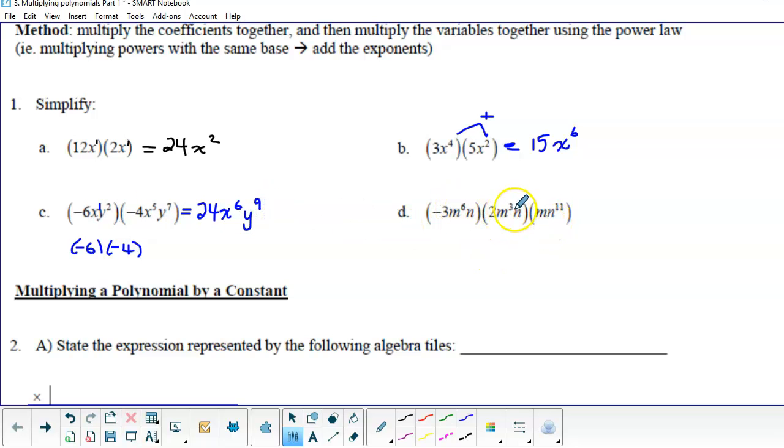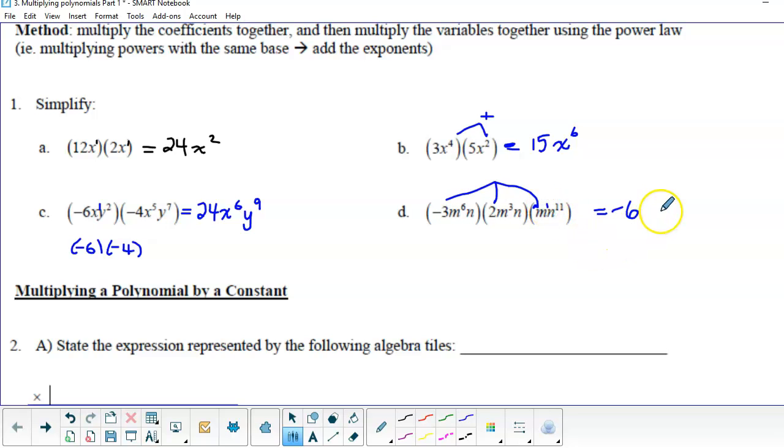Next one, 3 factors. So a negative 3, a 2, and nothing in front there, which means a 1. So that's going to be negative 3 times 2 times 1, which is negative 6. Then m to the 6 times m cubed times m to the 1.